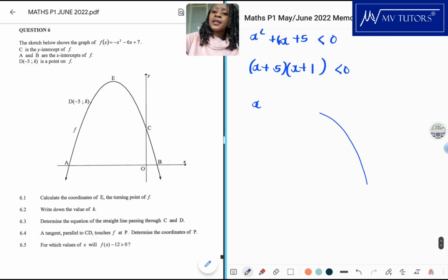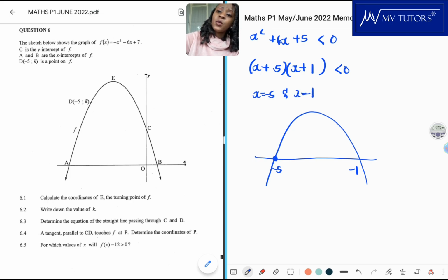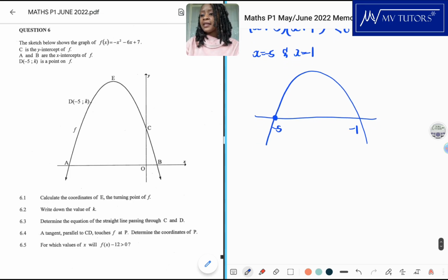So if I were to sketch my graph and look at x, that would be -5, the other one would be -1. So if I solve for x, I would say x is equal to -5 and x is equal to -1. But now they said determine the values of x.